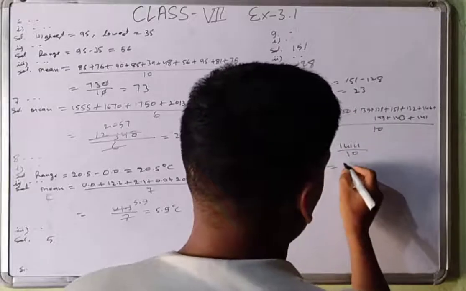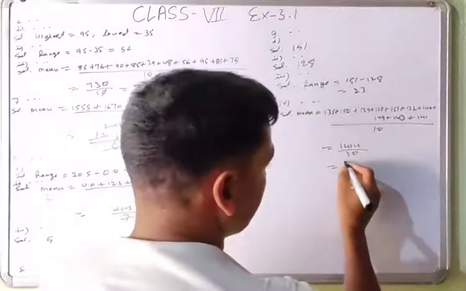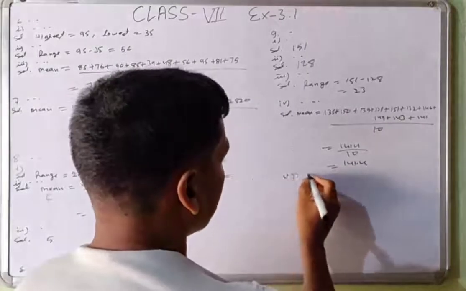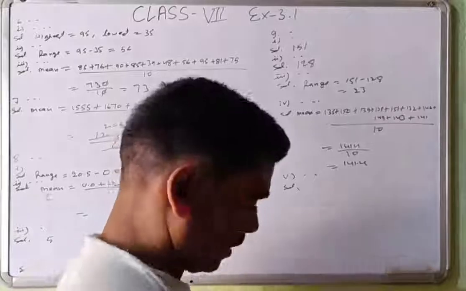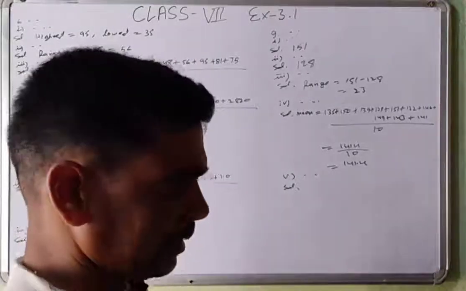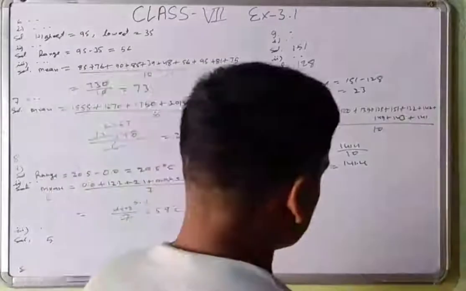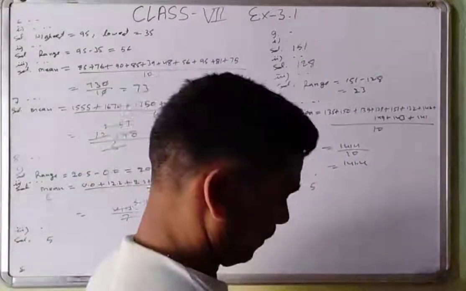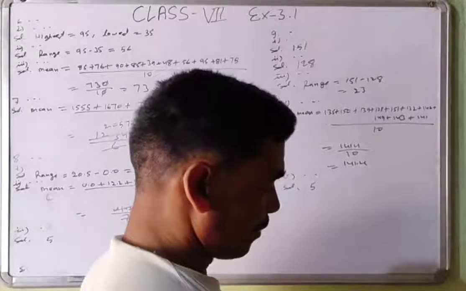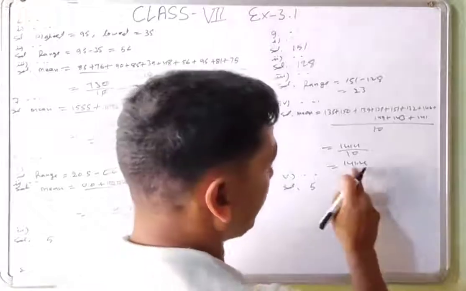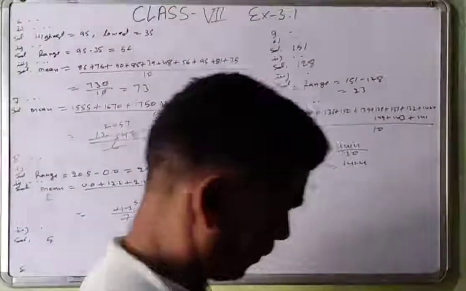When you divide by 10, the decimal will come here. Fifth part: how many girls have height more than the mean height? That is 5. Those are the ones with more than the mean height, that is 5. Okay.